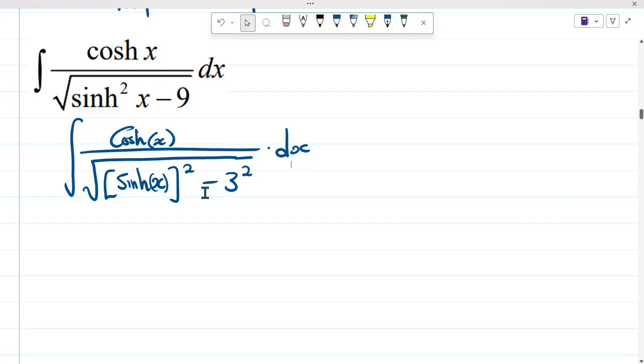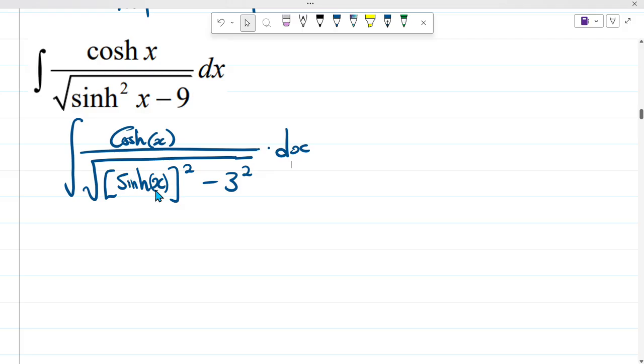So now we check. For this one to be fully the derivative of one of the inverses, we need to first check: can the numerator be the derivative of whatever is squared here?